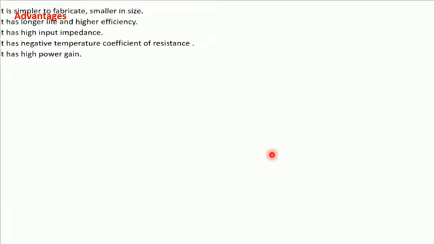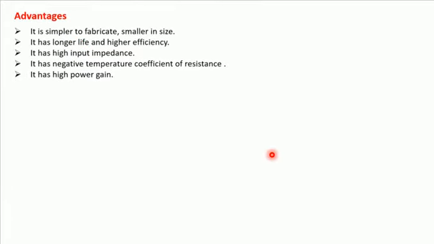Right now we are going to discuss some advantages of the JFET. It is simpler to fabricate, smaller in size, has longer life and higher efficiency, and high input impedance. It has a negative temperature coefficient of resistance.